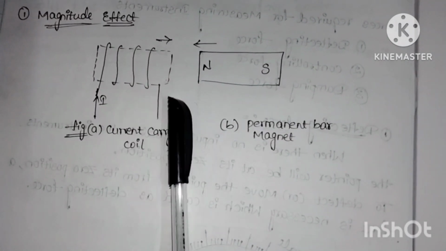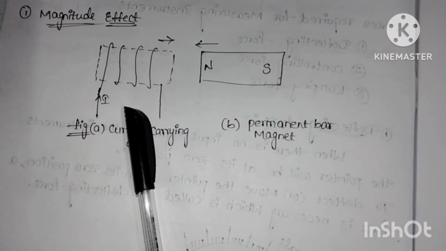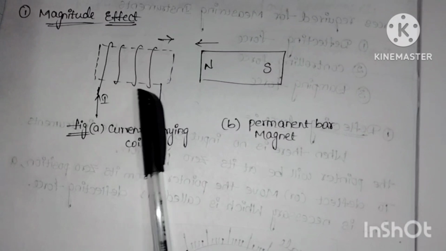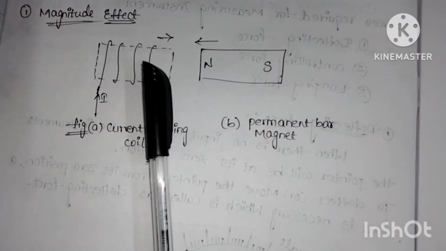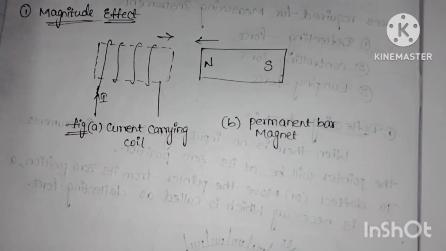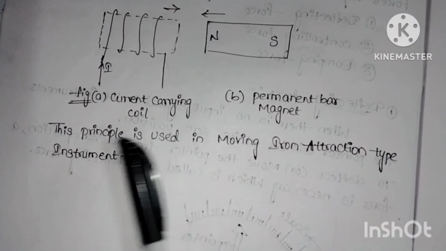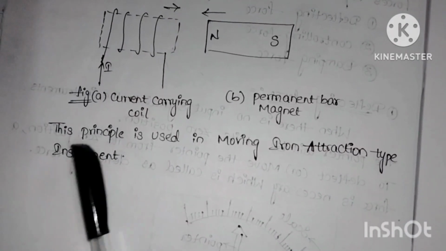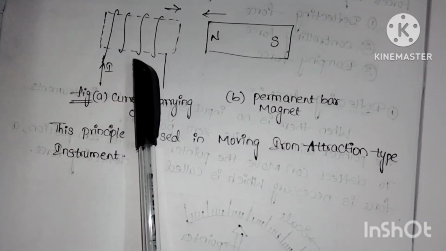Then there will be a force of attraction between the coil and a soft iron piece. Whenever a soft iron piece is brought near this coil, the coil and soft iron piece get magnetized. This principle is used in the moving iron attraction type instrument, which means only a single iron piece is brought near the current carrying coil.